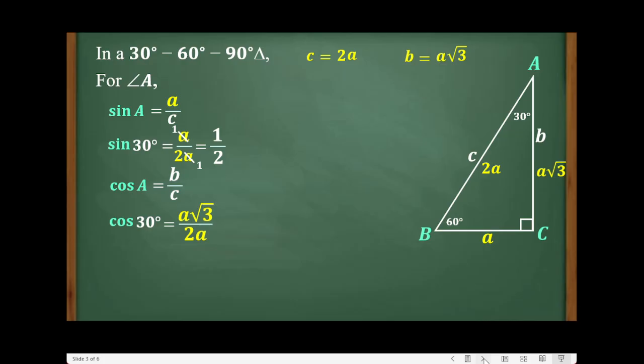And you will notice that there is a common factor again from the numerator and denominator, and that is a. So we can cancel these two a's. And what will remain from the fraction is simply square root of 3 over 2. Therefore, cosine of 30 degrees is actually square root of 3 over 2.